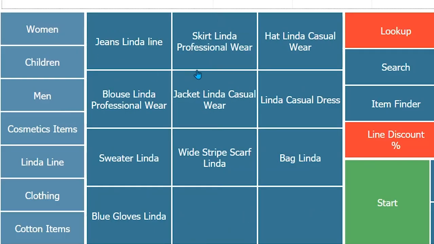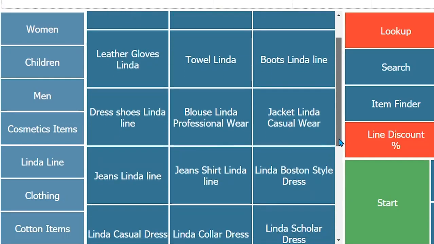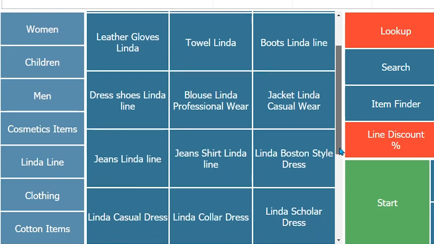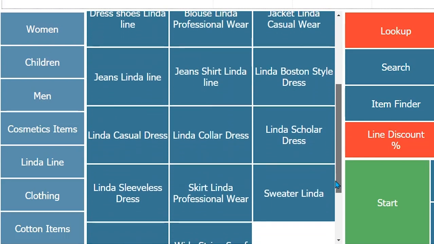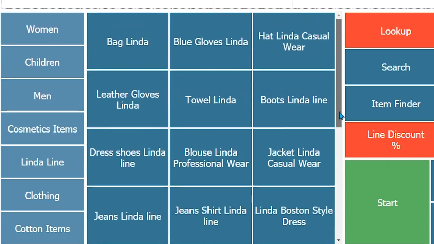In case of women, items are appearing. If I click Linda line, then all those items which belong to Linda line, and you can see this scrolling is allowed here. All these Linda line items are appearing with the help of dynamic menu.